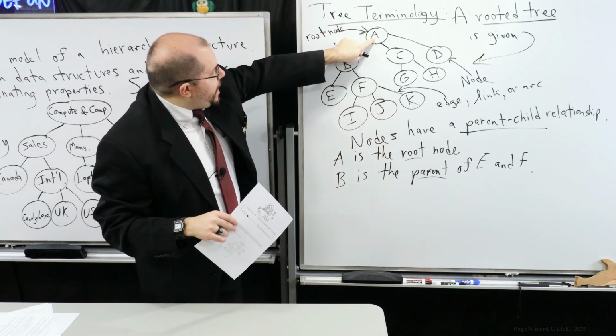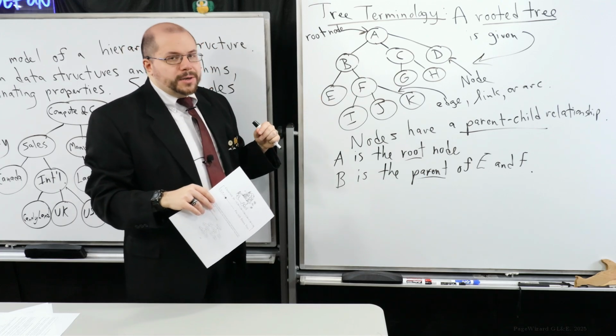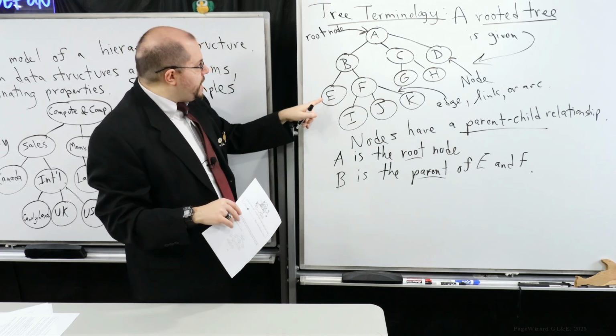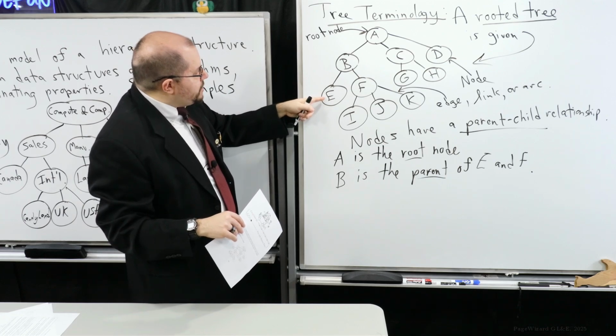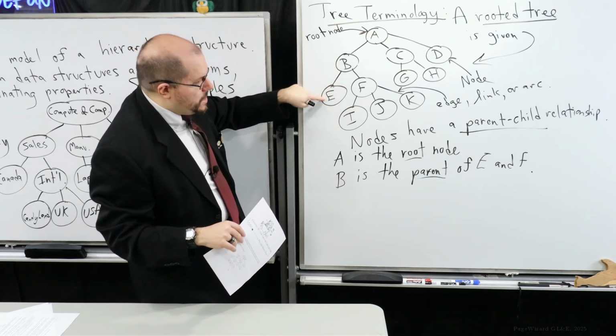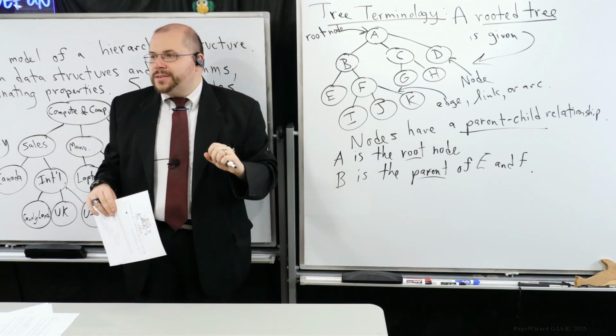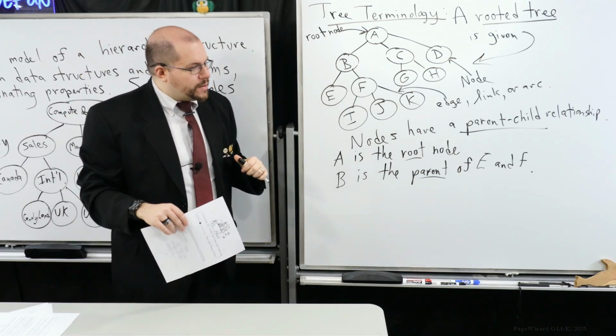So the children of A are B, C, and D. But if, for example, E were the root, then even though it looks like this, the child of E would be B, and the parent of B would be E. So this is just helpful for us to draw them like this.